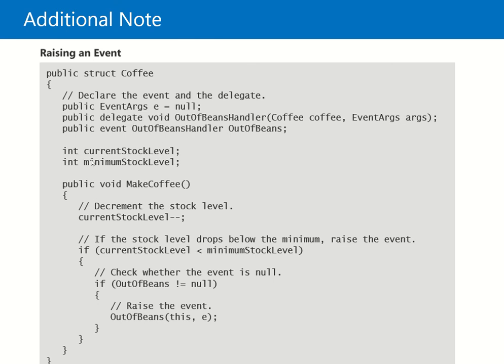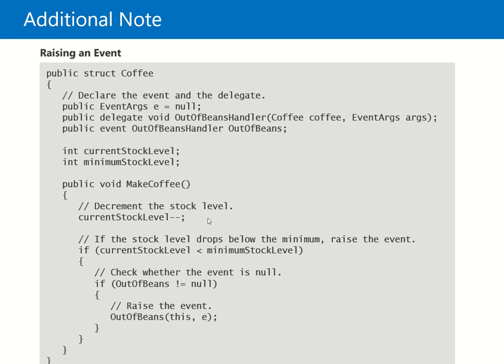Now let's say our structure also has two variables called current stock level and minimum stock level. You also have a method called makeCoffee, in the structure coffee. The makeCoffee method will decrease the current stock level value by 1.